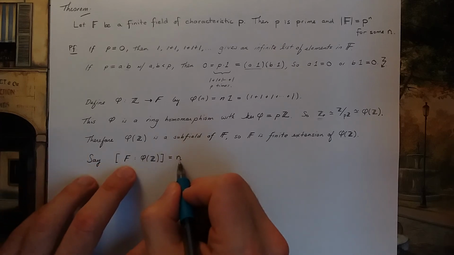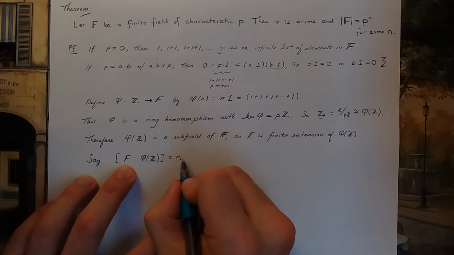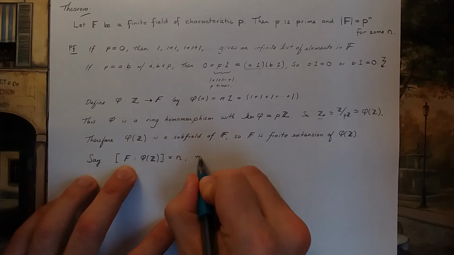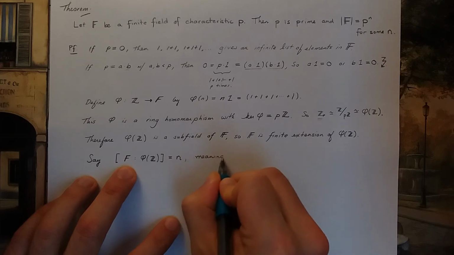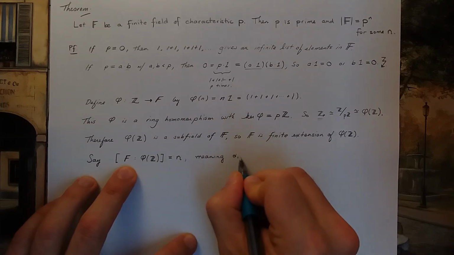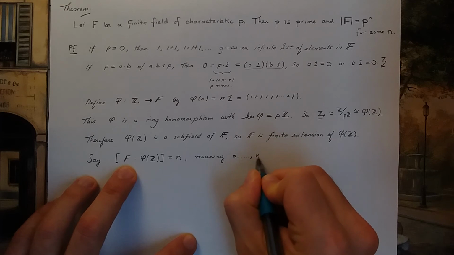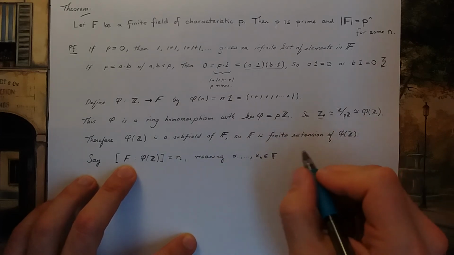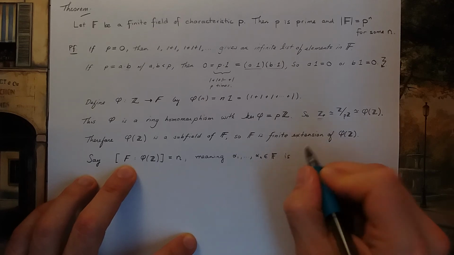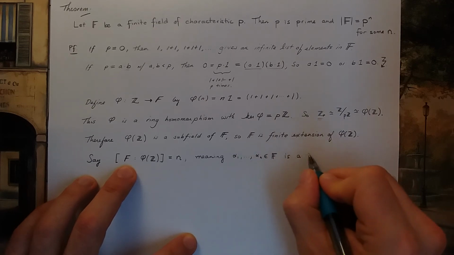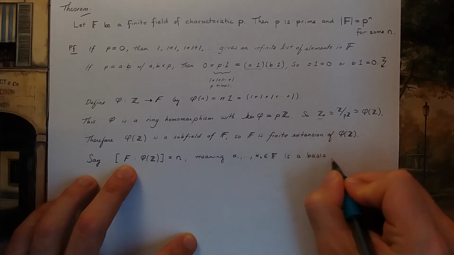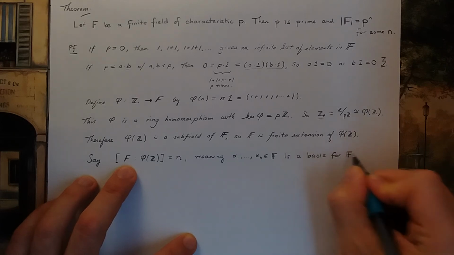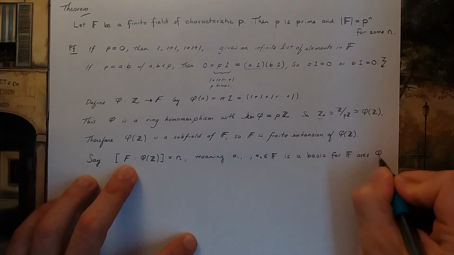So let's say its dimension is n, meaning that there's some basis, alpha 1 through alpha n, in F that can be found such that I have a basis for F over phi of Z.